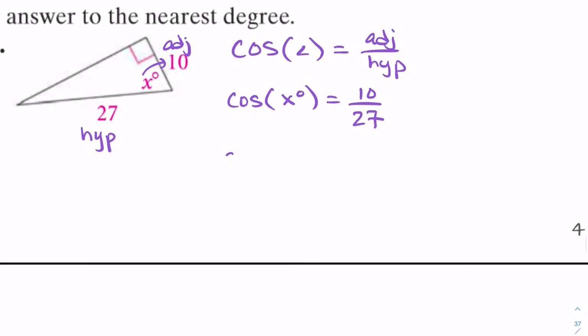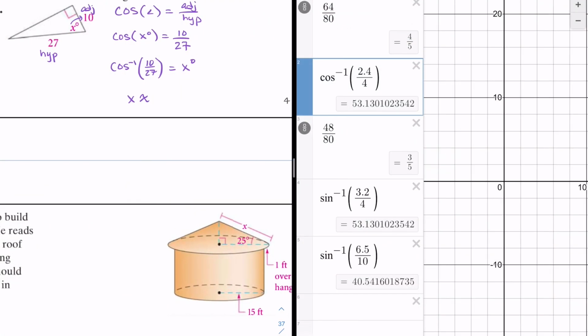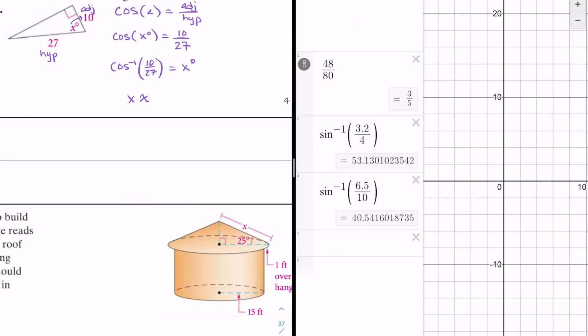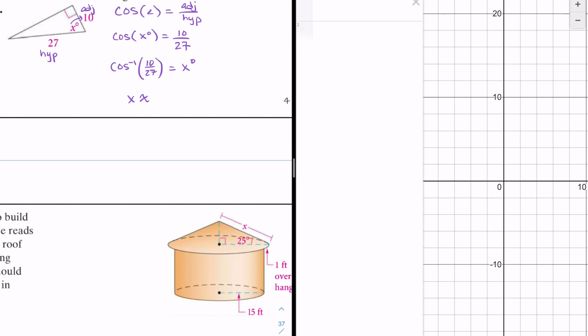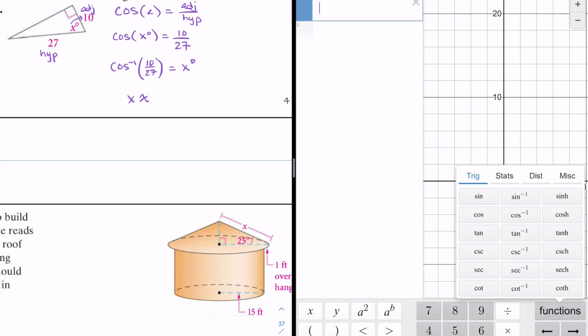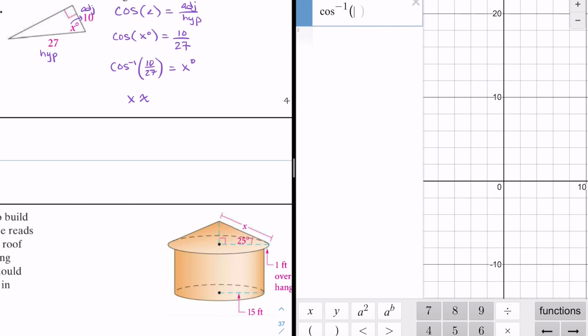Okay, so cosine inverse of 10 over 27 is equal to x degrees. So x approximately equals cosine inverse of 10 over 27.